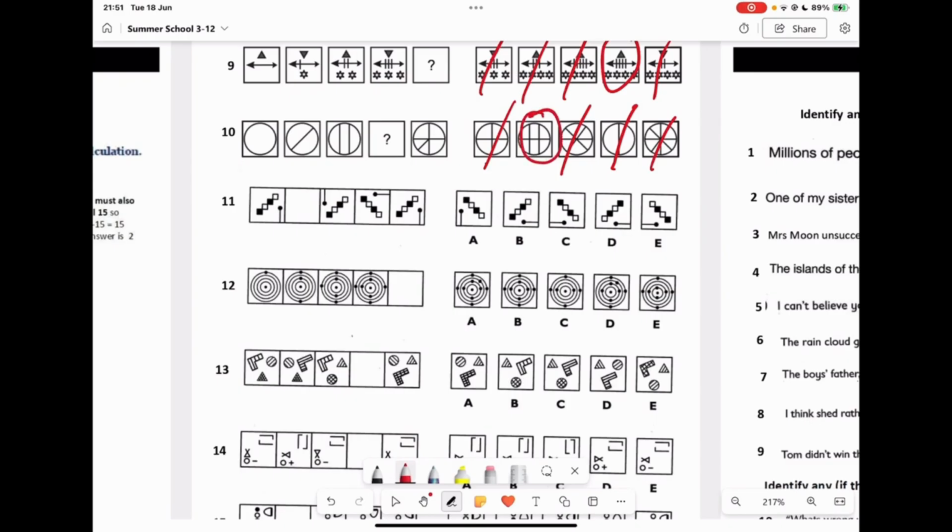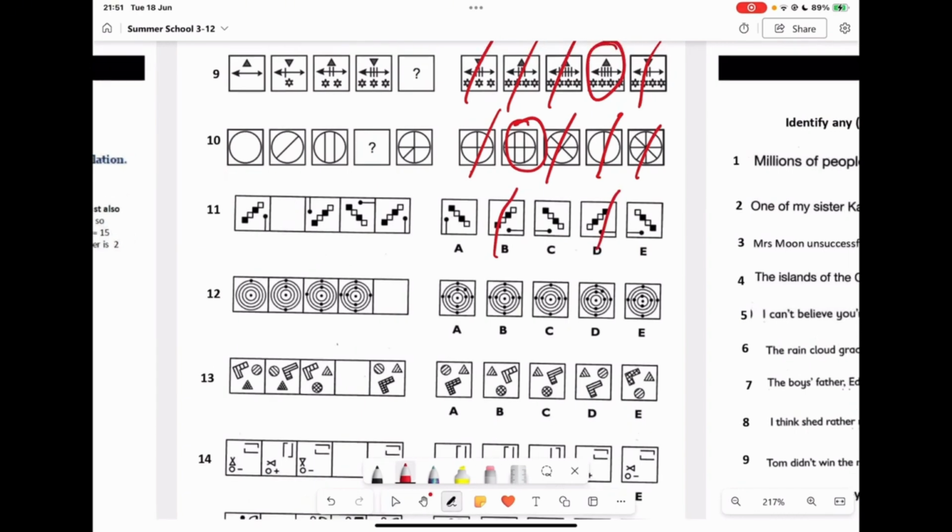Looking at question 11. For question 11, we can see that the shape is going to be reflected in the y-axis each time. So it cannot be B or D. Then the line with the circle at the end is also moving.